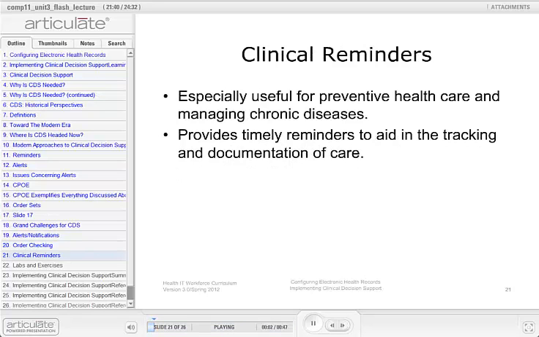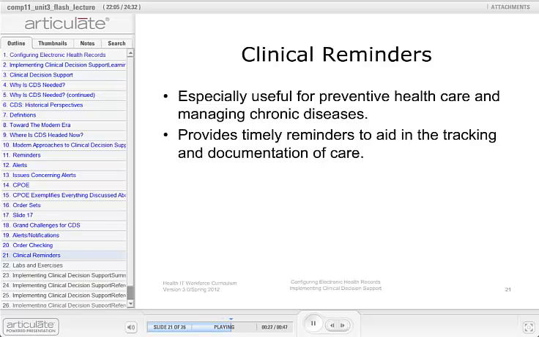Clinical reminders help caregivers deliver quality patient care for both preventive health care and management of chronic diseases. Clinical reminders prompt clinicians regarding recurring events or required follow-ups. Examples of clinical reminders might include recurring tests required by patients with chronic illness or the need for immunization updates.